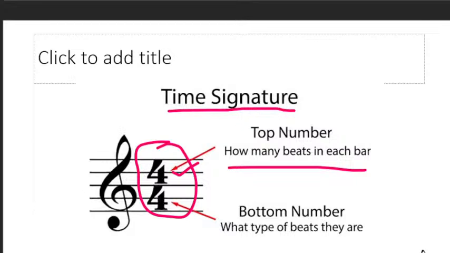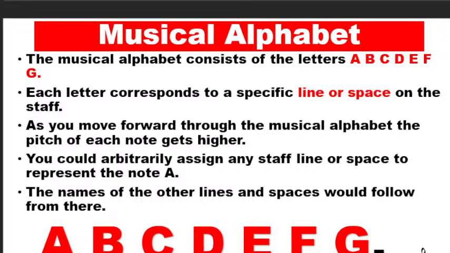Then, as we have said in the earlier slides, the musical alphabets are only 7. In English we have around 26, but in music you have the common 7. This is the standard, the universal language. A person from China, a person from Kenya, a person from Rwanda, Burundi, they are able to use these letters too.